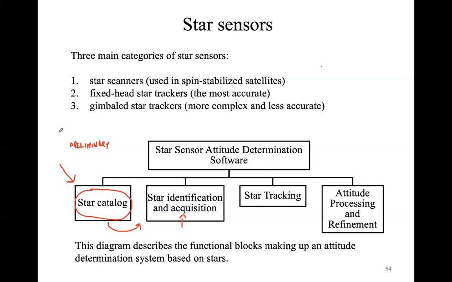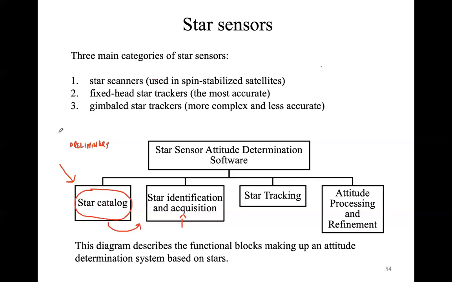Here at the top of this slide, there are three types of star sensors, and they depend on the mission that you're going to design. For example, if you have a spinning spacecraft, you don't have a star sensor fixed on the spacecraft, but what are so-called star scanners.